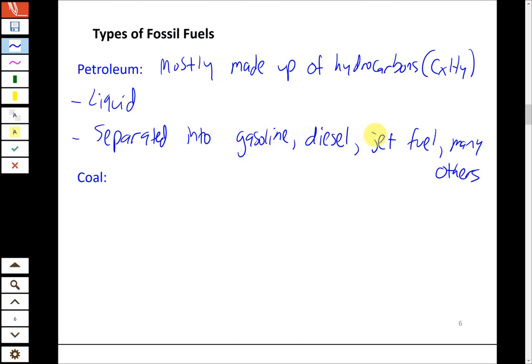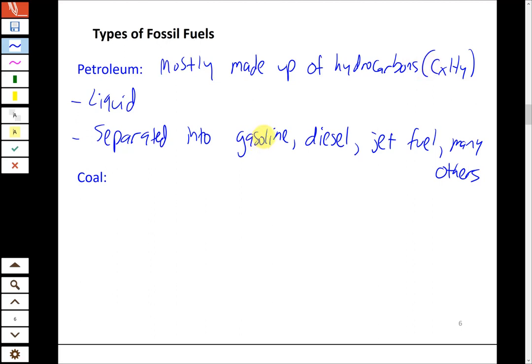And so what's the difference between gasoline, diesel, and jet fuel? Well, those themselves are still mixtures. They're not pure substances either. But basically, the average number of carbon atoms in the molecule dictates whether it's going to be classified as gasoline, diesel, or jet fuel. So I don't remember these numbers exactly. I haven't worked on fuels in a long time.